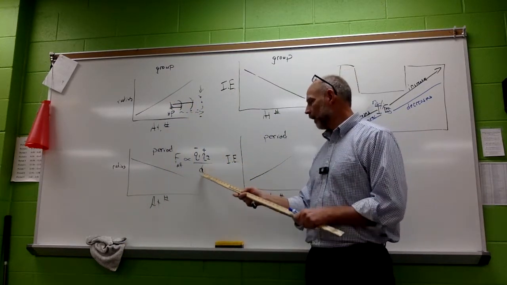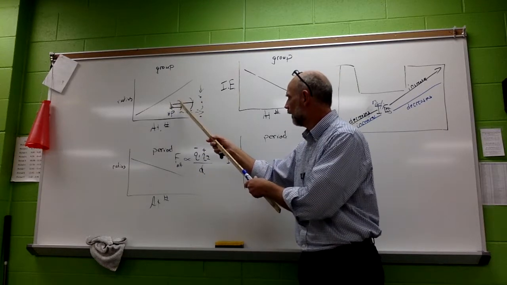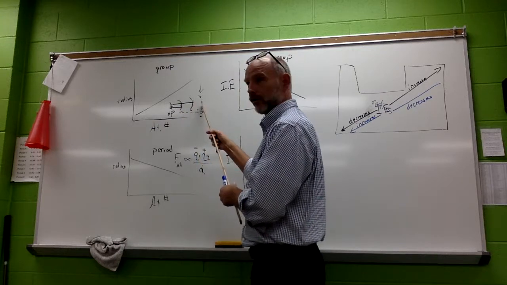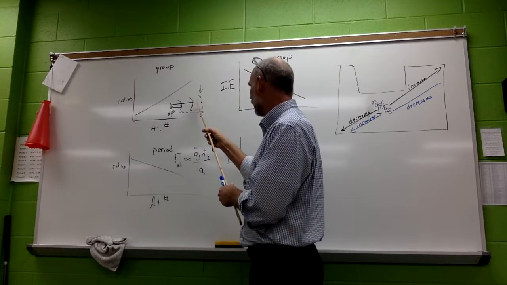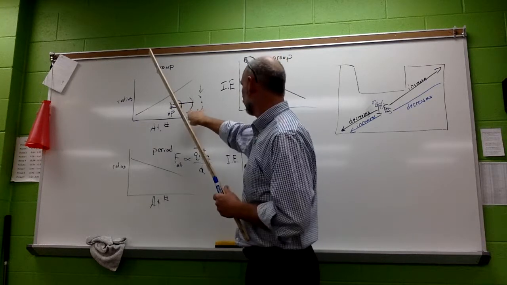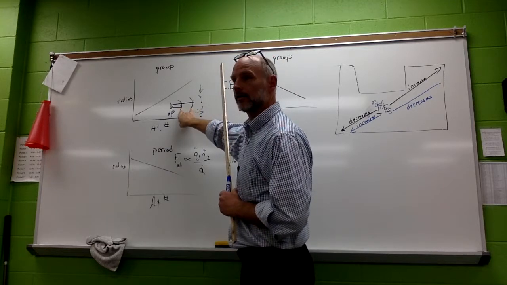If we're in the same energy level, this distance from the nucleus is essentially the same. It's not exactly the same, for reasons we're about to discover. But there's a big difference between here and here, right?